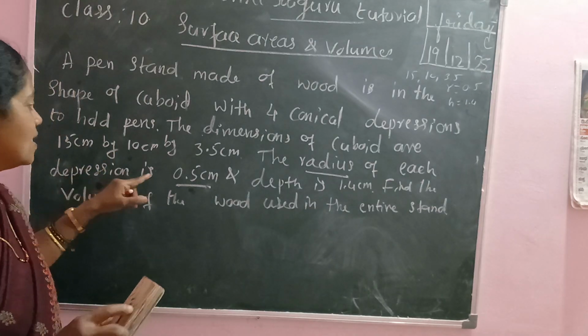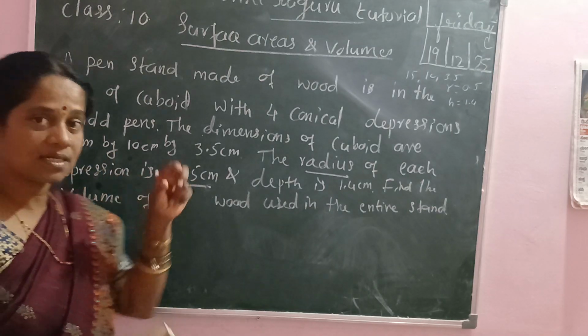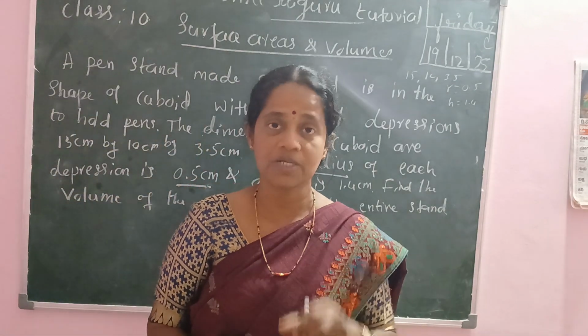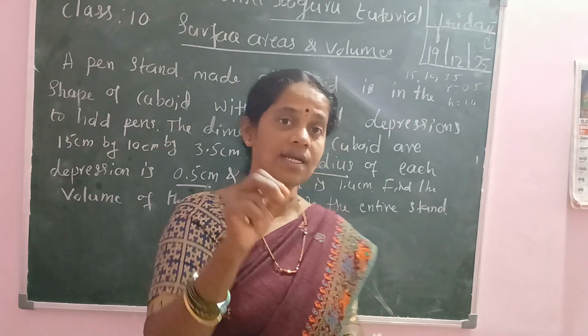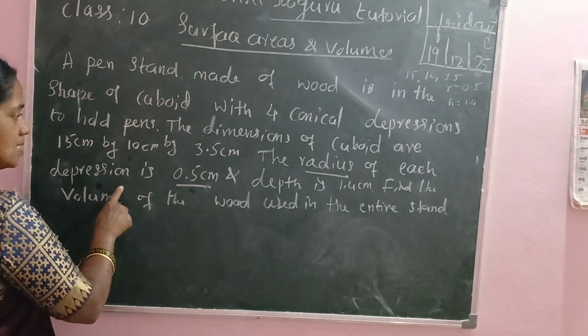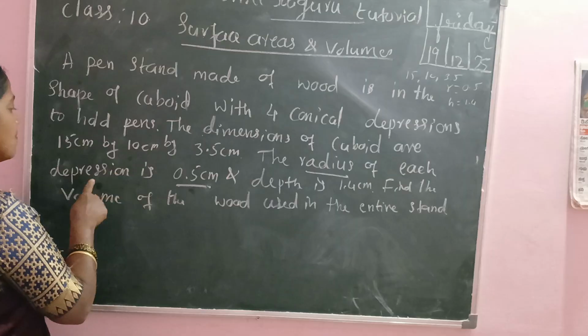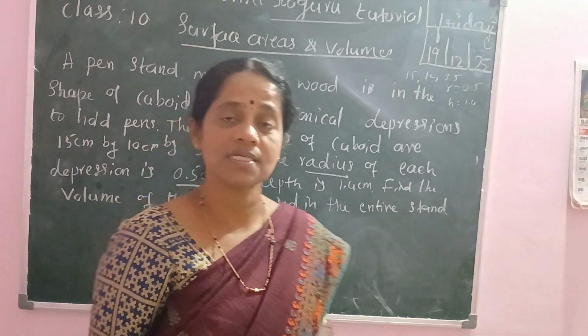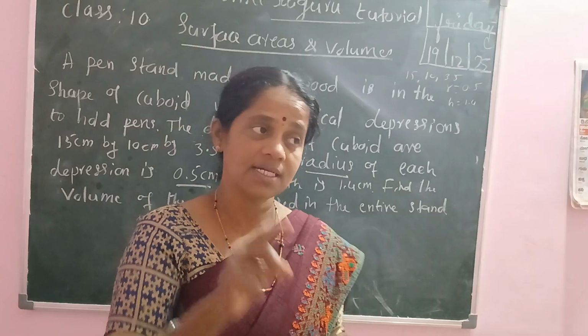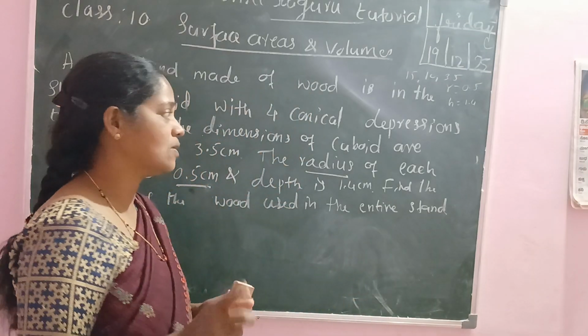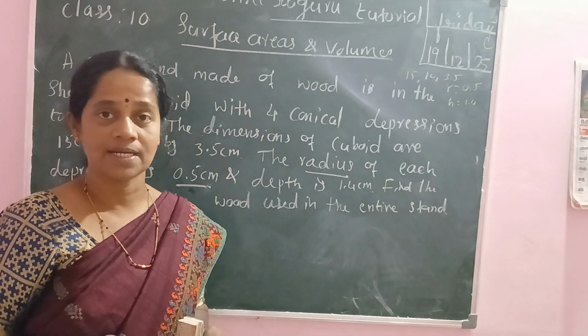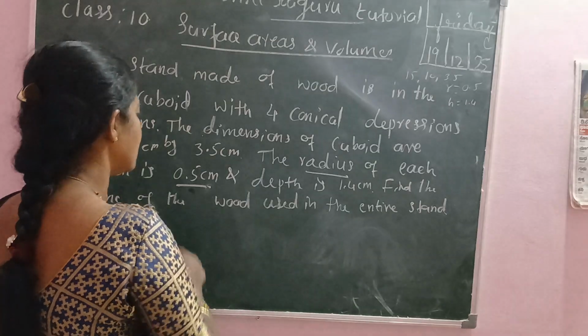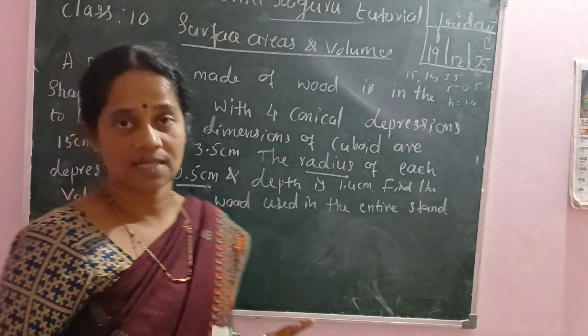The depression is in the shape of a cone. Its radius is 0.5 cm, and the depth of the depression is 1.4 cm. The depth of the depression is the height of the cone. So we should calculate the volume of the wood used in the entire stand.